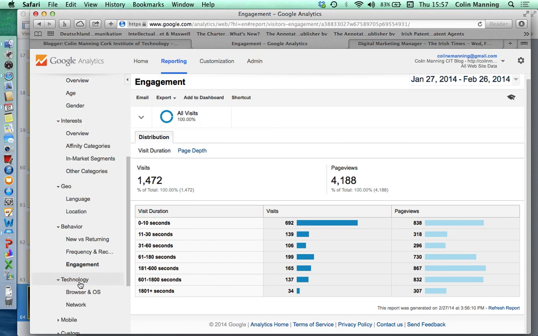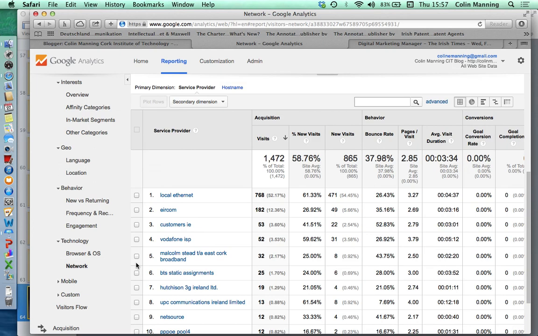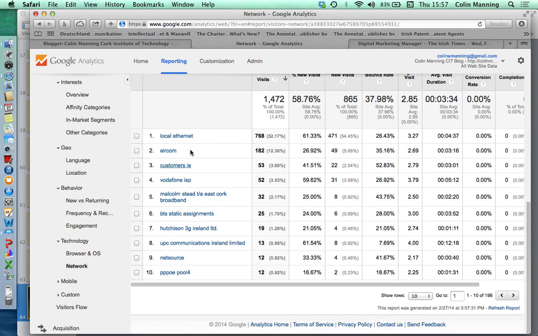Another one here, the bulk of people were using Ethernet, 12% of people on Aircom. So this says to me as a lecturer that a lot of people are looking at the stuff from home. Like 12% of the people coming to my website are doing it from Aircom, and that's not from inside CIT.